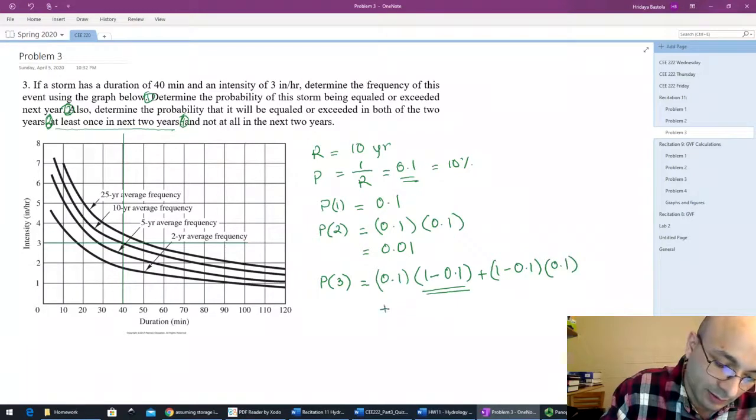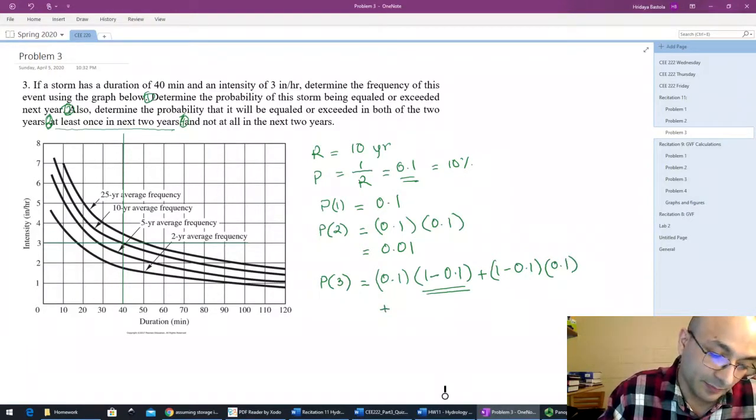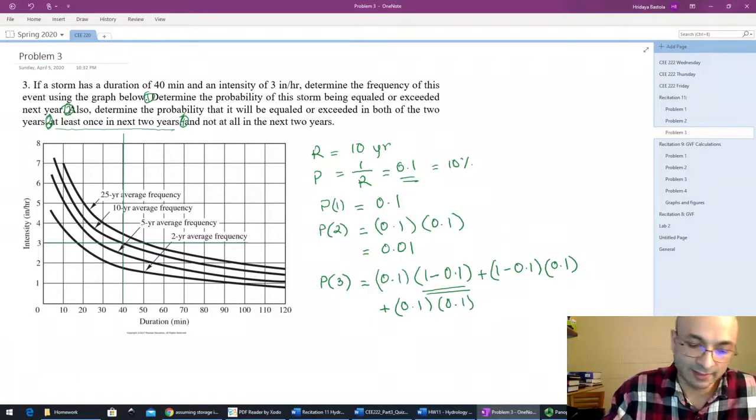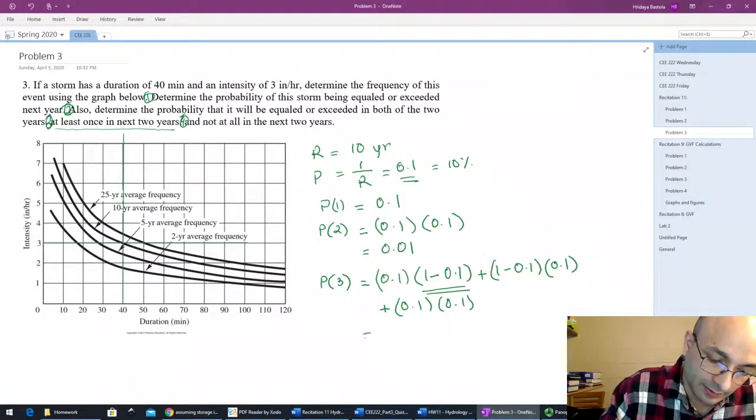The third way we could also have this happen is it equals or exceeds in the first year and equals or exceeds in the second year.